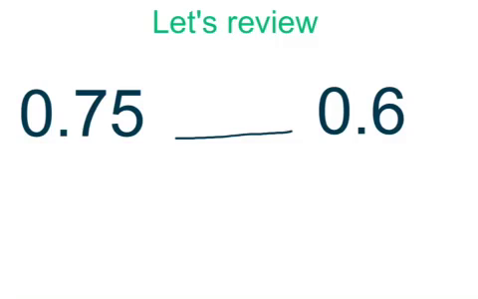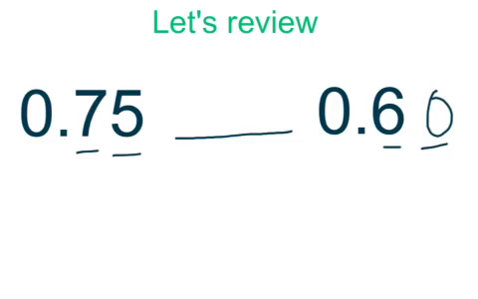So let's review what we learned yesterday. So this should look very familiar to you. You should determine whether 75 hundredths or 6/10ths is bigger. And remember yesterday we talked about how if you have one number that has two digits to the right of the decimal, you can easily add a 0 to the other number so that they're easy to compare, because then they'll have the same number of spaces to the right of the decimal.